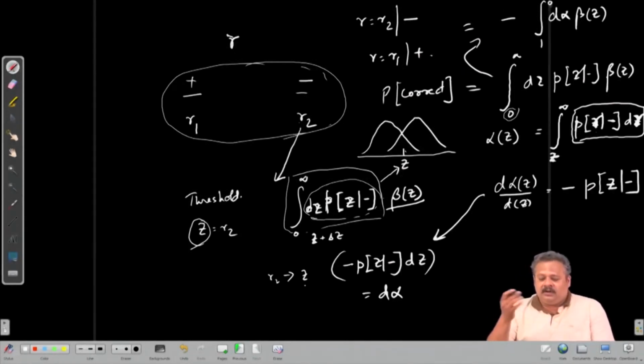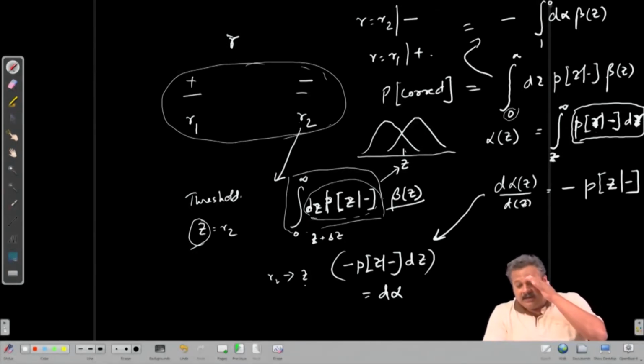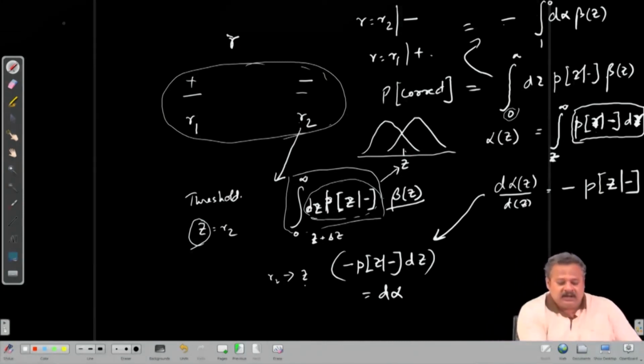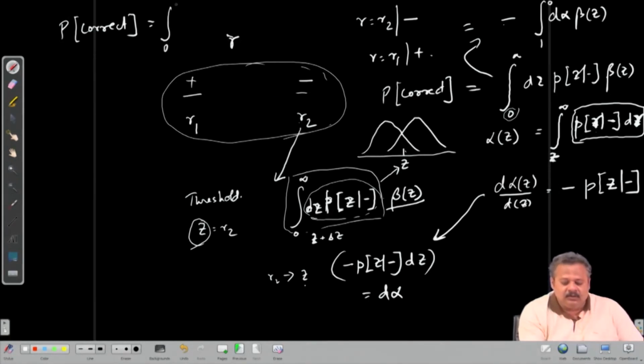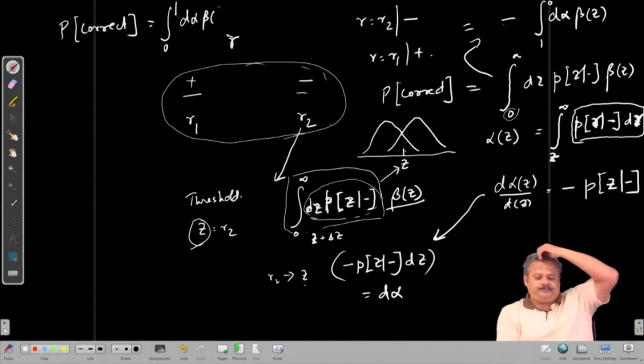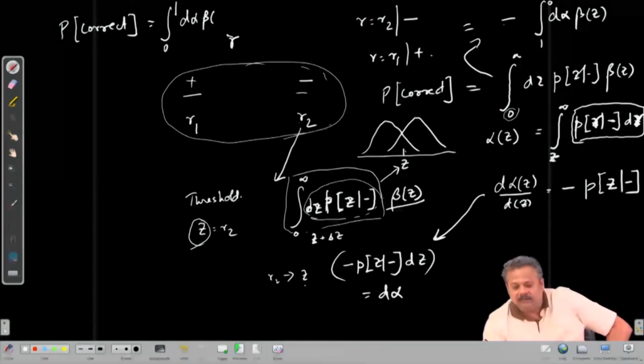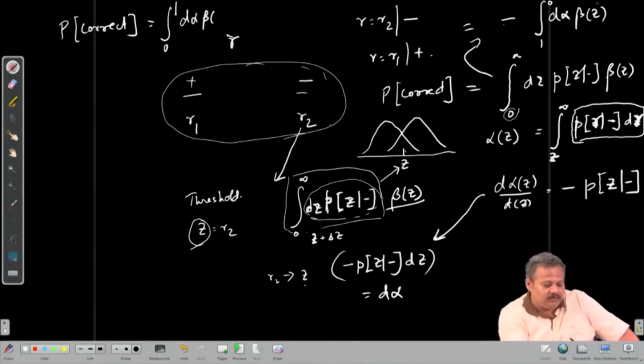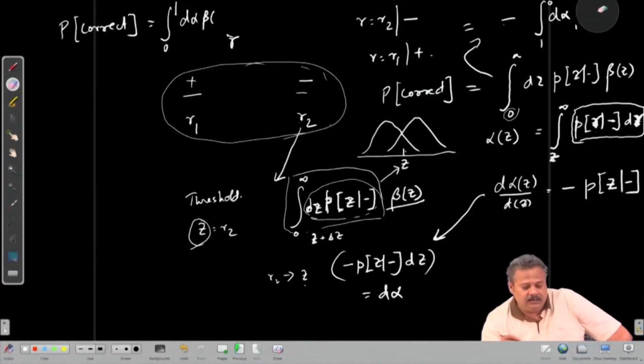So, this reverse direction of the variable over which we are integrating is countered by the minus sign in front, and so what we get is percentage correct is integral 0 to 1 d alpha beta as a function of alpha. I think we should write this as only beta because we have removed z, pardon me.